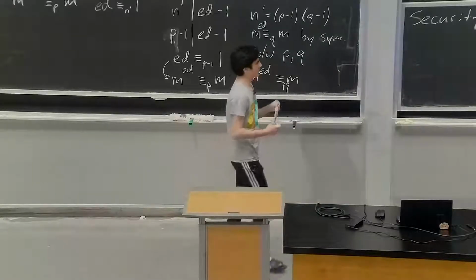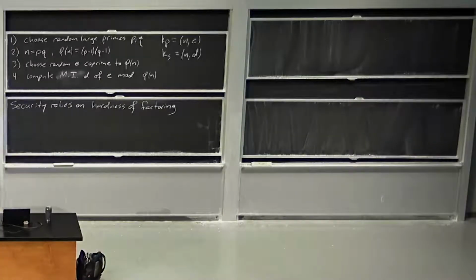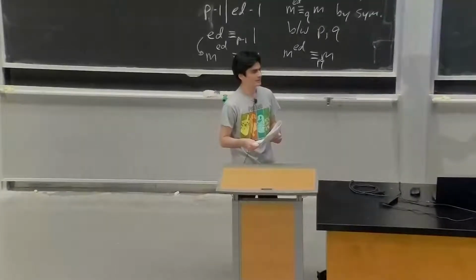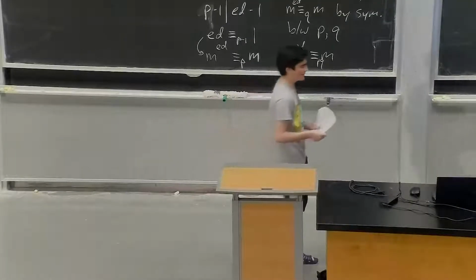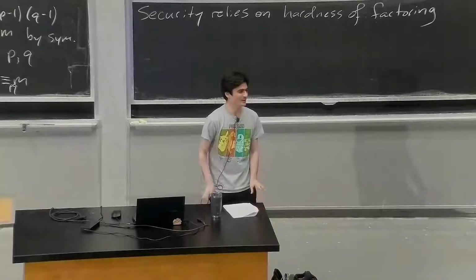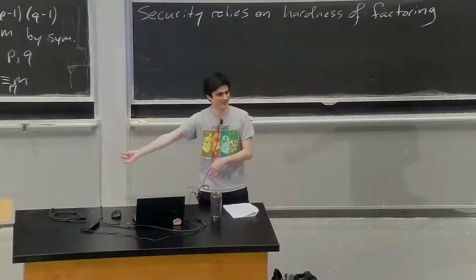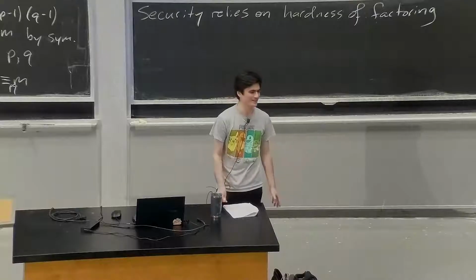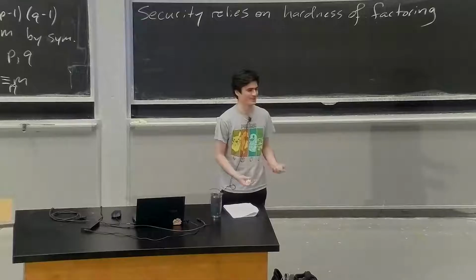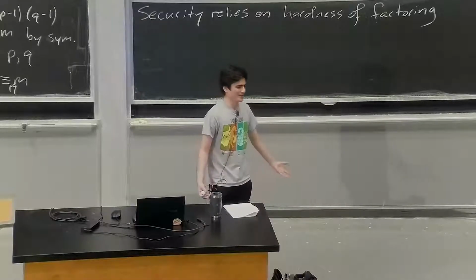Okay. The question was, isn't this just cryptography by hubris? I claim that I'm not relying solely on my own intelligence. I'm relying on everybody else, the entire field of mathematics. Many mathematicians have spent their entire careers trying to factor things quickly, and nobody's figured out how to do it yet.